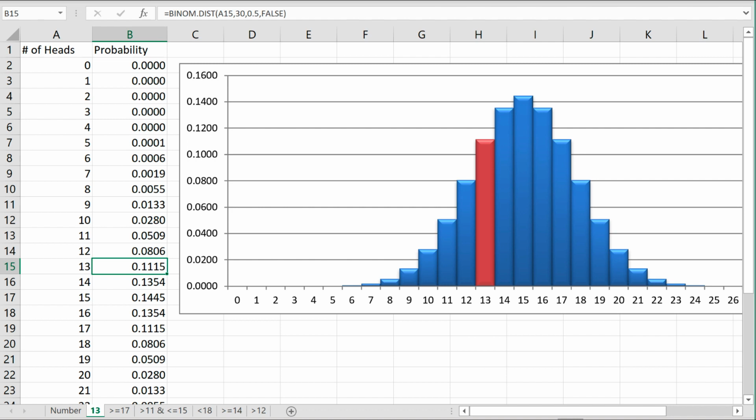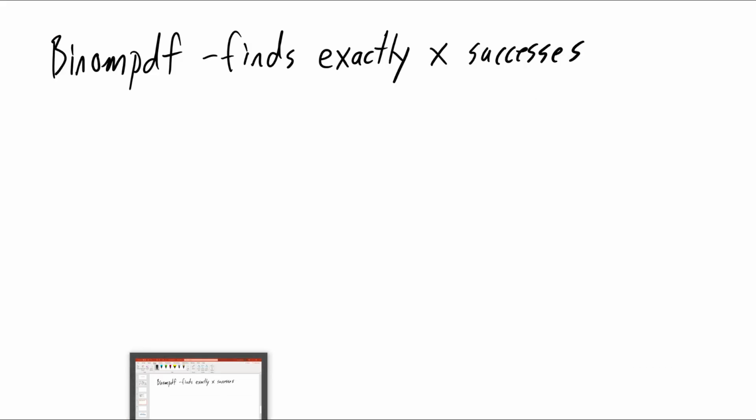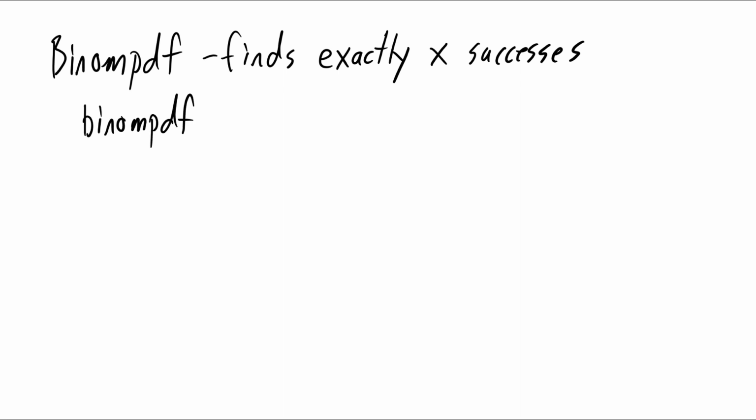All right, so let's go back to our notes for our calculator functions. So our Binome PDF function finds exactly X successes. All right, so our inputs for the Binome PDF is first the number of trials. And that's just the number of times we're going to repeat the experiment.